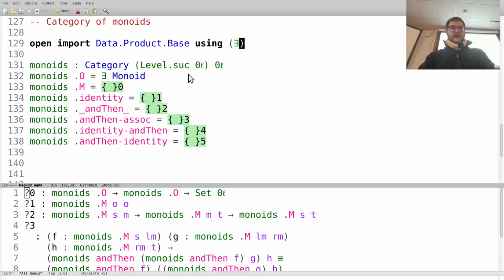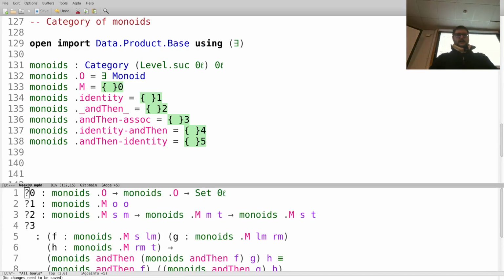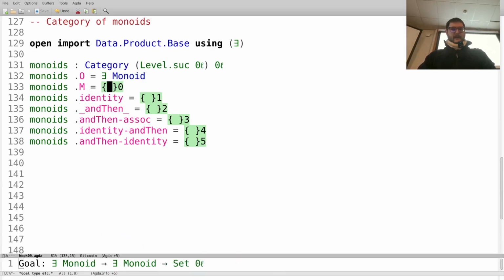Oh, this is just saying Some monoid. There exists an A such that monoid A, but we can beta contract that and just say there exists something that's a monoid. And then what should the functions between these things be?